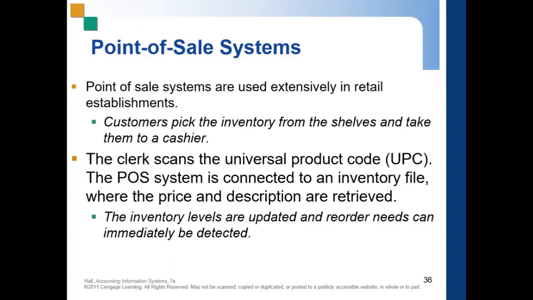So, the scanner, which is the primary input device of the POS system, may be handheld or mounted on the checkout table. And then the POS system is connected online to the inventory file from which it retrieves product price and data displayed on the clerk's terminal. Then the inventory quantity on hand is reduced in real time to reflect the items sold. So, as items fall to minimum levels, they are automatically reordered.